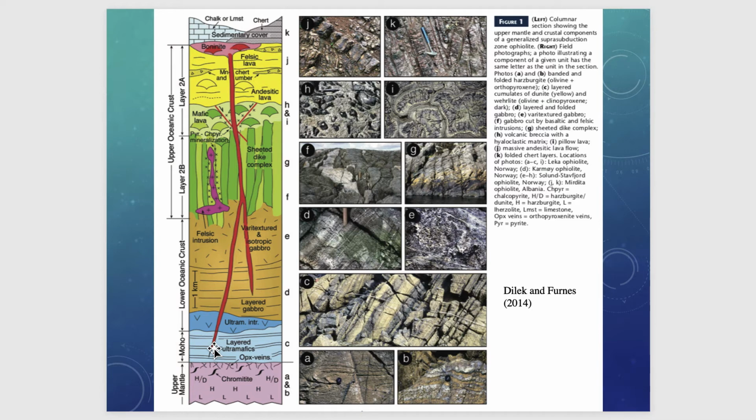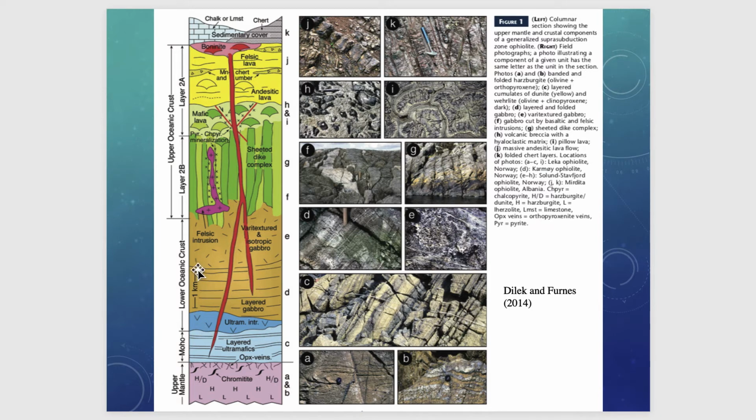Besides this, we have also a number of other things that occur, and we have a transition in composition between these layered ultramafic rocks that progressively become less enriched in magnesium, and so they will get more pyroxene as well as more plagioclase, and in response to that they become layered gabbros.